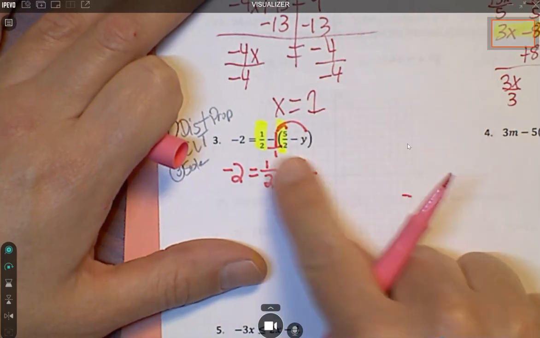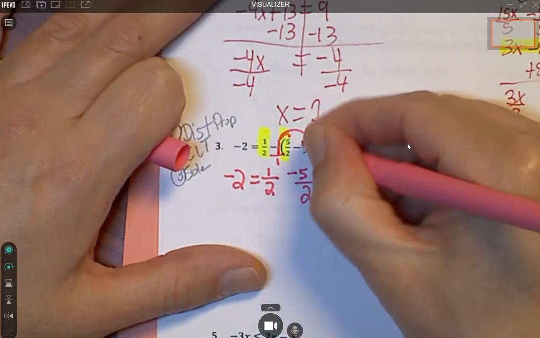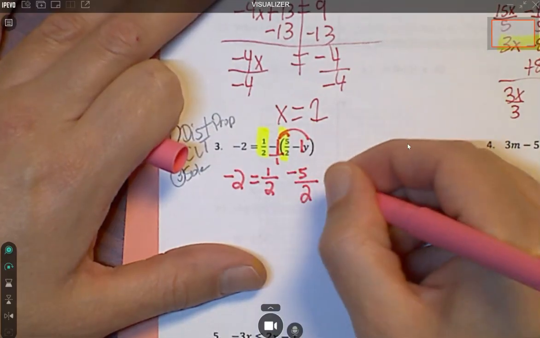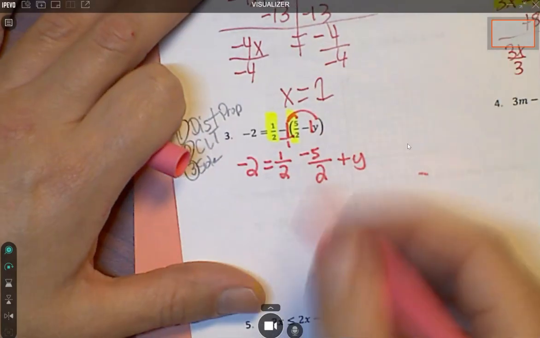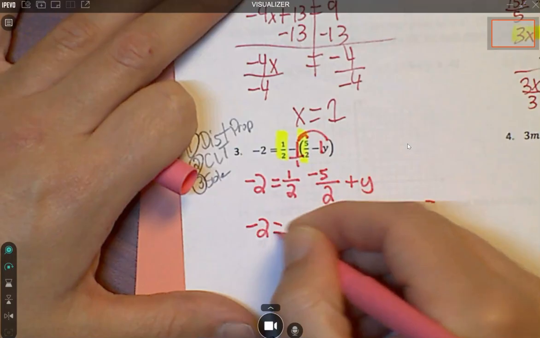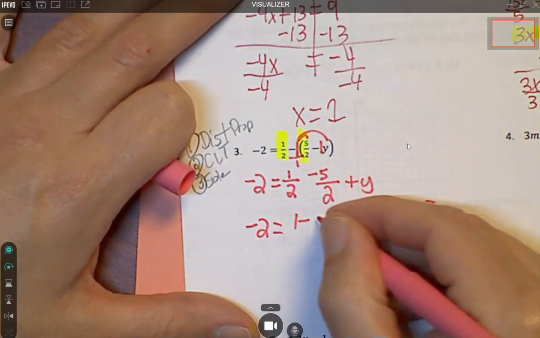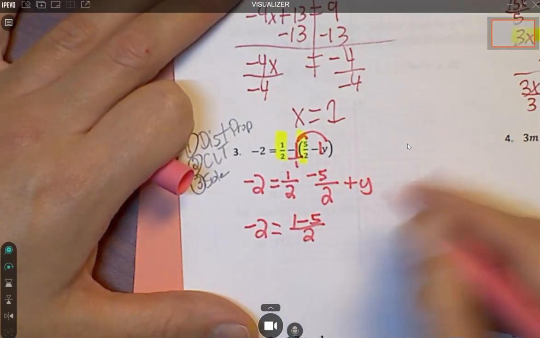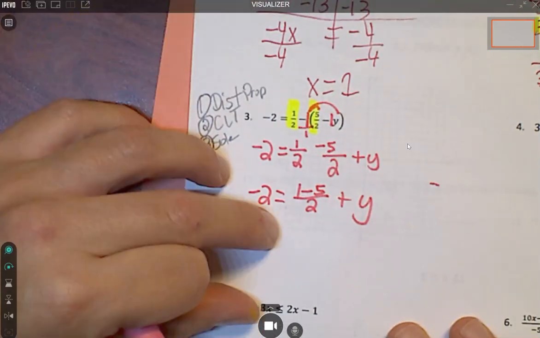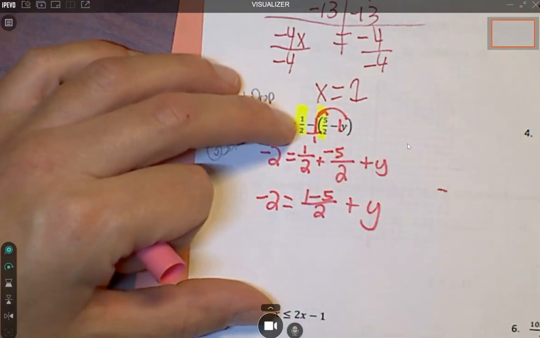And then minus times, there's an invisible 1 there. So a negative times a negative is a positive. I put the subtraction sign kind of up there. So now we have this. Once we have the same denominators, I'll put a plus sign there if that makes you happy.